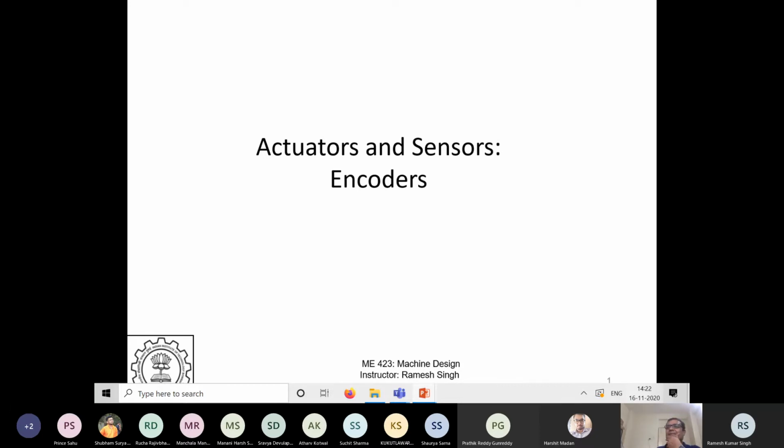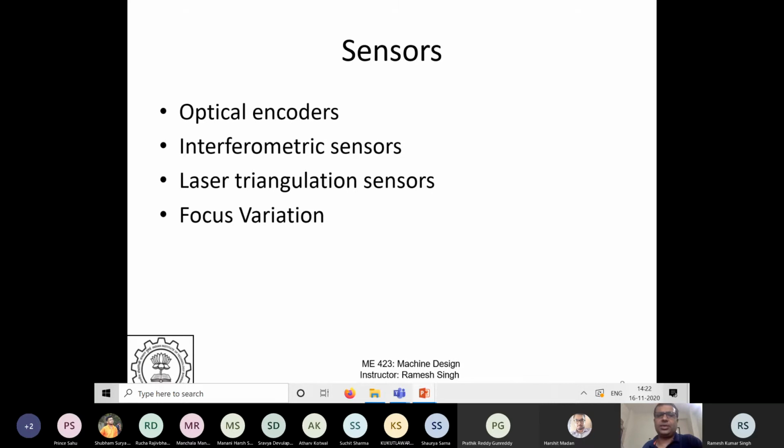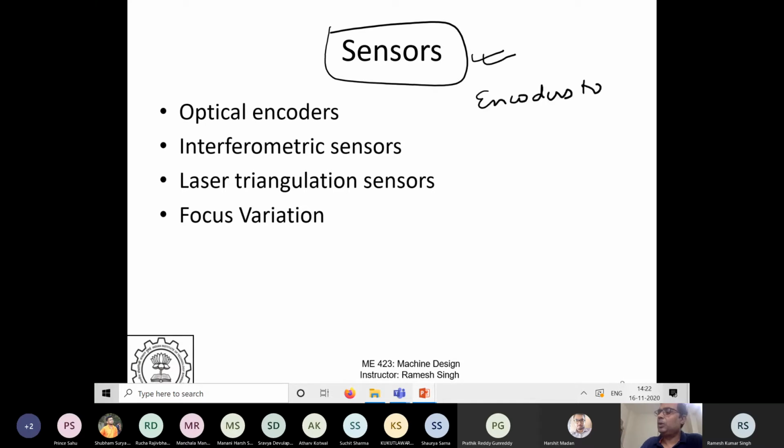So basically, when we talk about sensors, especially in design, mostly these will be encoders to know and control the machine position, and to control position and speed.